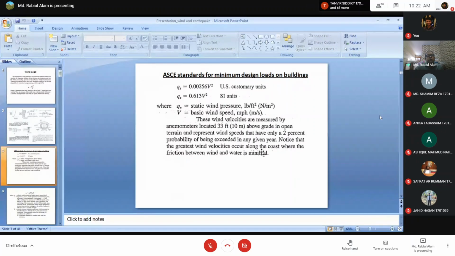How do these parameters affect this static wind pressure?